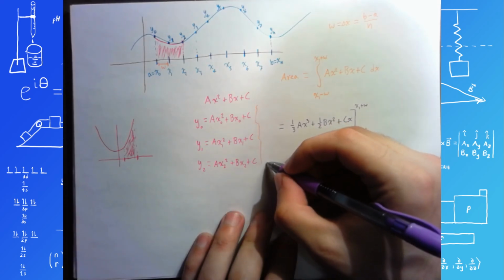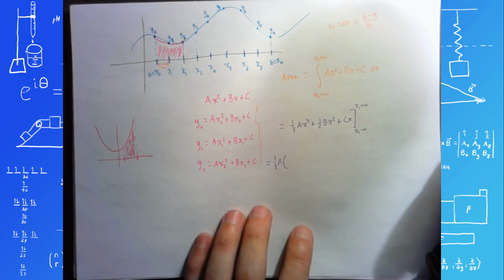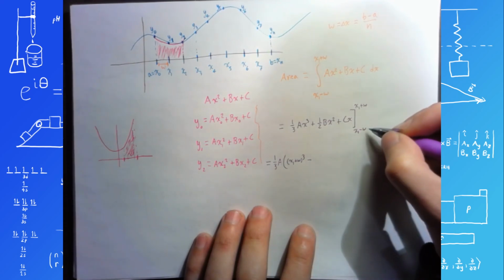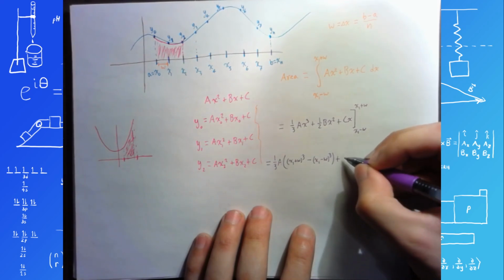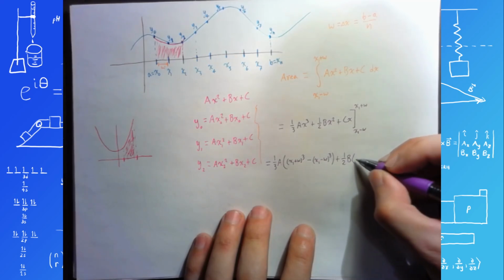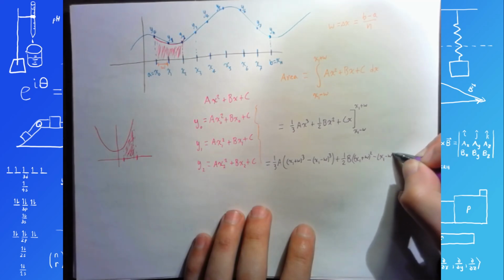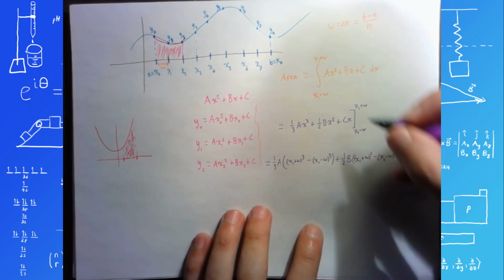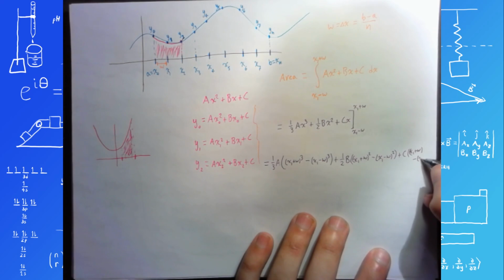If I go ahead and make that substitution, oh boy, here we go. (1/3)a times, for x³, I'm going to have (x1 + w)³ minus (x1 − w)³, plus (1/2)b, for x², I'm going to have (x1 + w)² minus (x1 − w)², plus c times (x1 + w) minus (x1 − w).